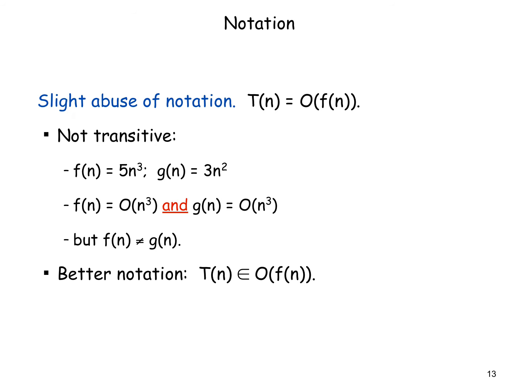When we say that t of n is equal to big O of f of n, that's a slight abuse of the notation, in part because this is not a transitive function.